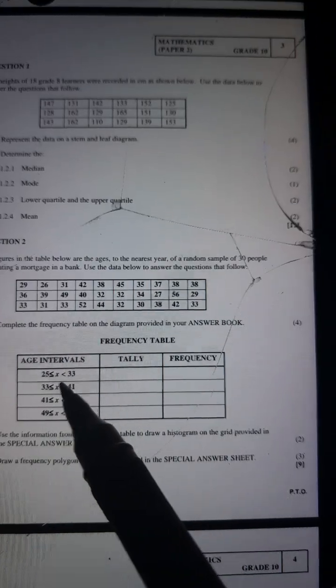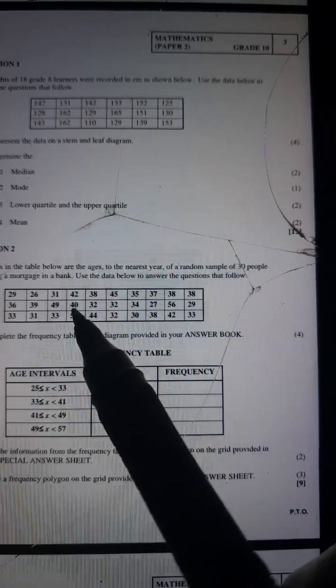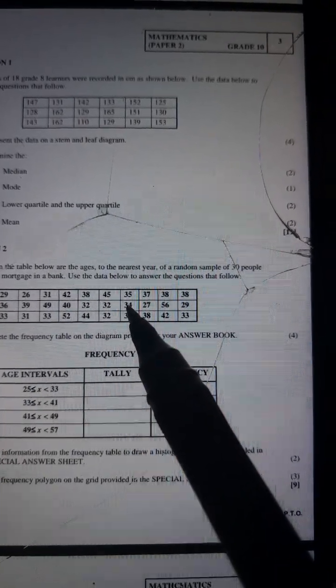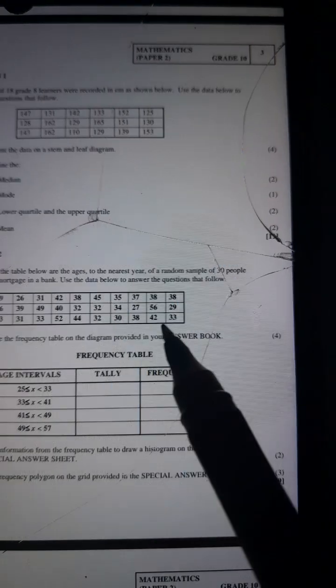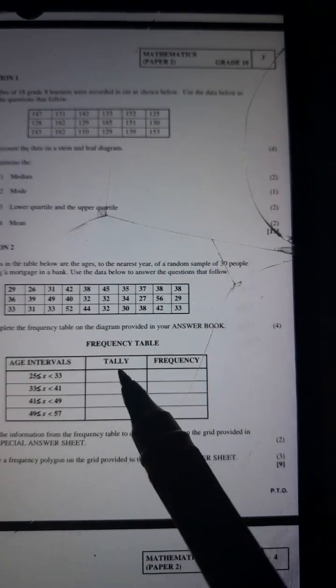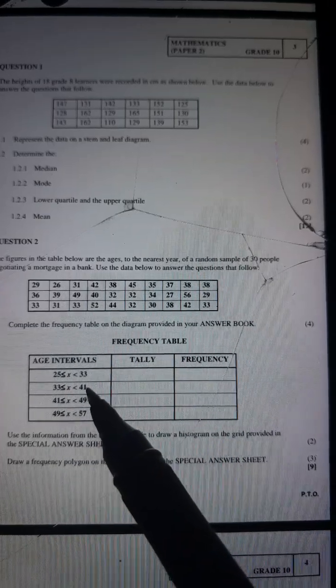Remember it's 33 to 40. So 5 there, 6, 7, 8, 9, 10, 11, 12, 13. So we are going to have 13 for 33 to 40.